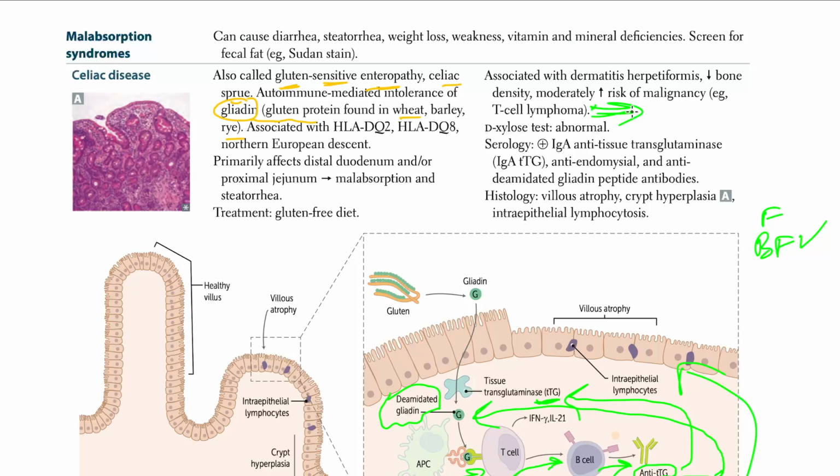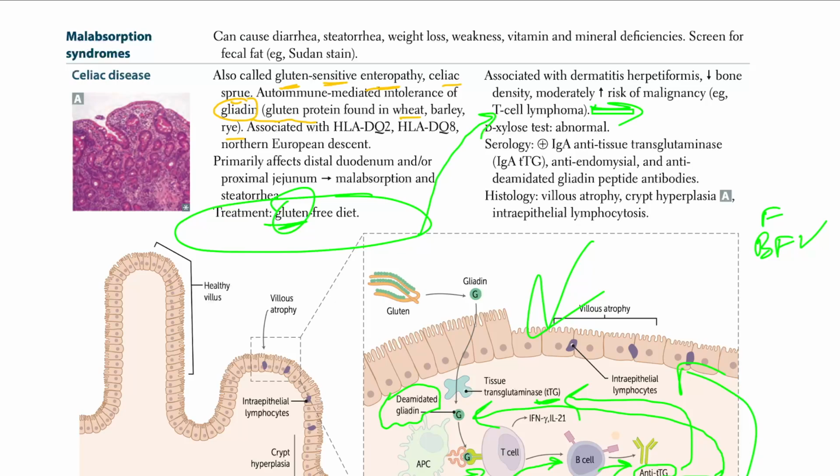The question is, we are treating this patient, he's not taking any gluten, but still you have these celiac disease signs and symptoms or celiac disease induced pathology, even though you are on a strict gluten-free diet, not eating anything. That is due to your T-cell lymphoma.